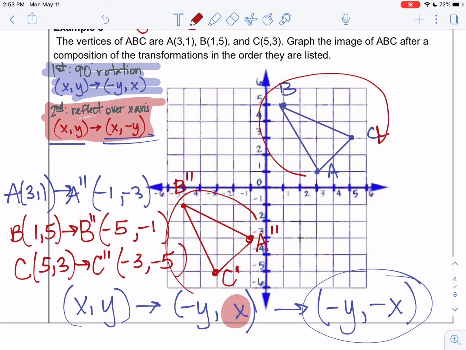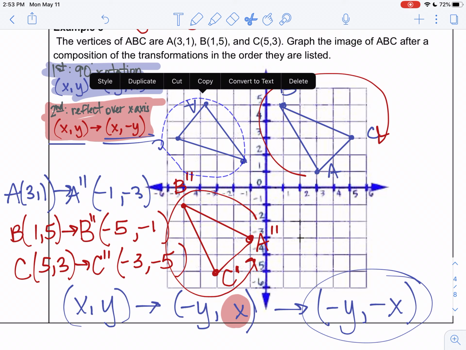Now A double prime, B double prime, C double prime is going counterclockwise. So I have reversed orientation. And I think it looks pretty reasonable that I have rotated. I'll just copy this and paste it. It seems reasonable to me that I've rotated this 90 degrees somewhere over here, and then flipped it over, and that's what happened.